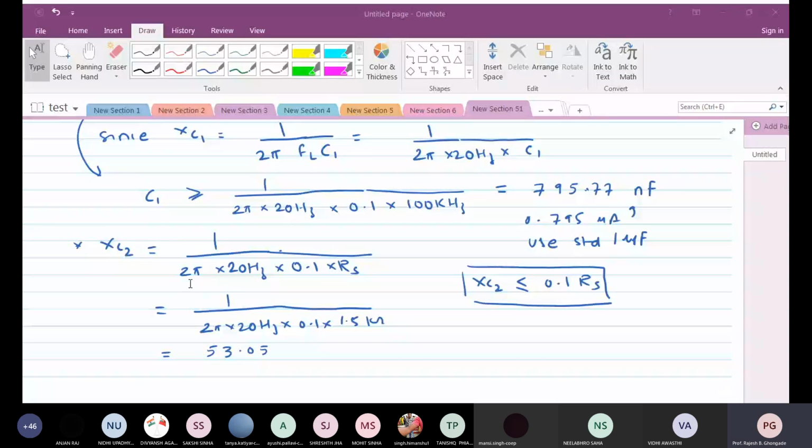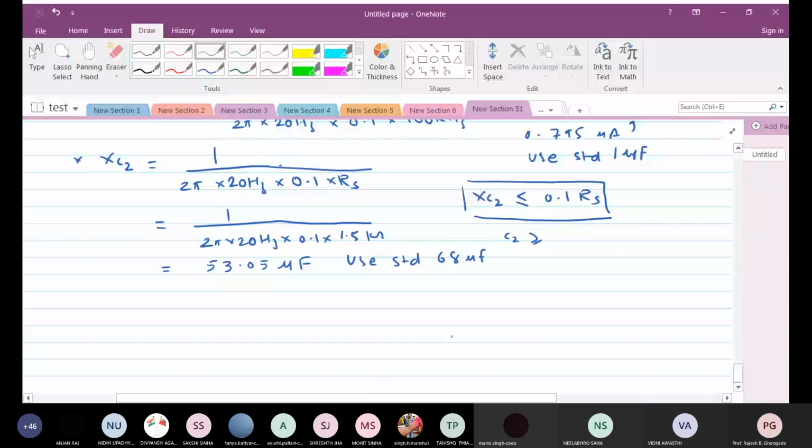Guys, what are the units? Sir, microfarad. Okay, very good. So we will use the standard value. Remember again, XC2 has to be less than this, so C2 has to be greater than this. All right, standard value 68 microfarad we'll use.